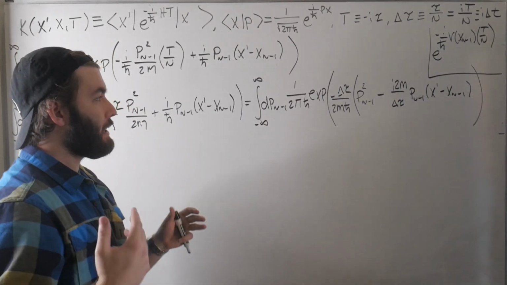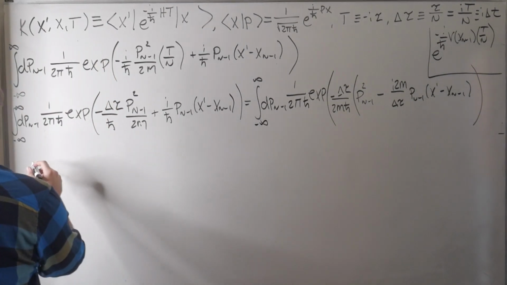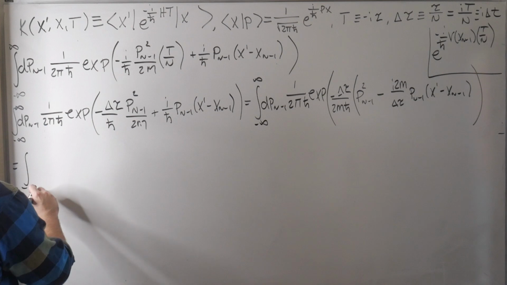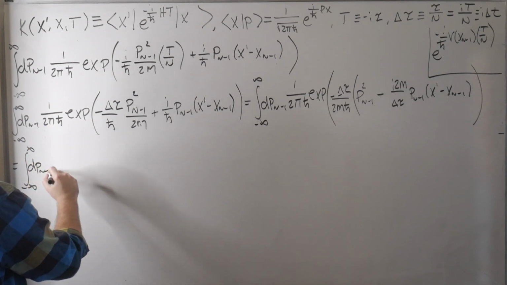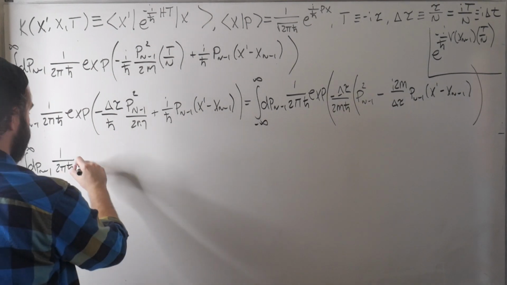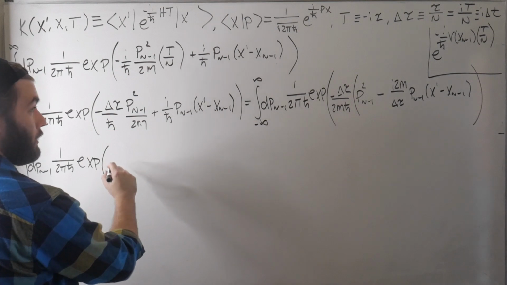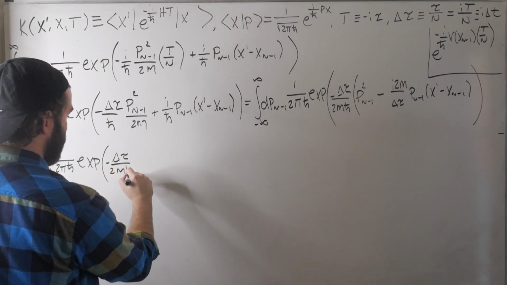And that's going to let us redefine variables, and we'll just be integrating a Gaussian. So this is equal to the integral from minus infinity to infinity dp sub n minus 1 over 2 pi h bar, exponential, and we have that minus delta tau over 2m h bar.